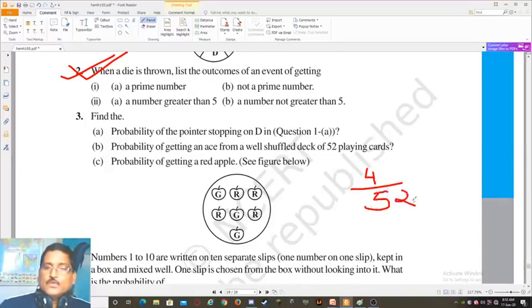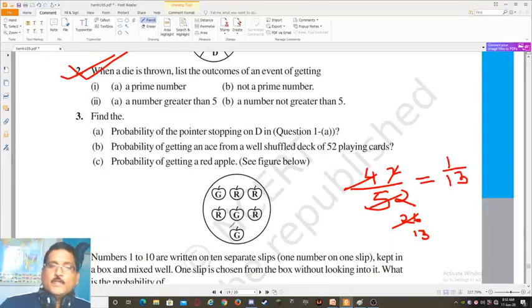After cancelling, 4 by 52 becomes 1 by 13. So the answer is 1 by 13.